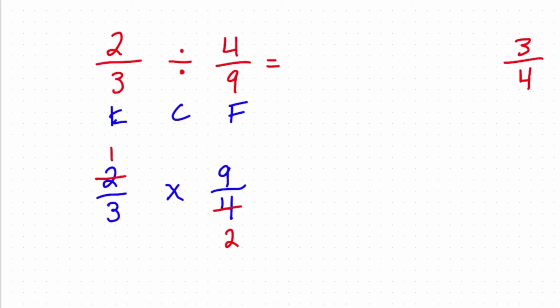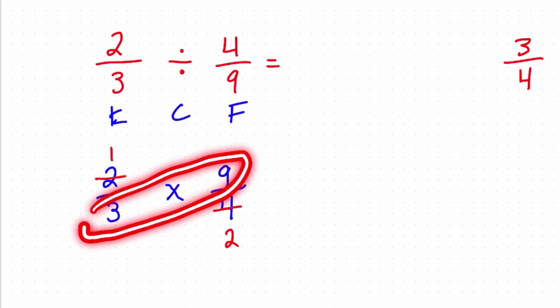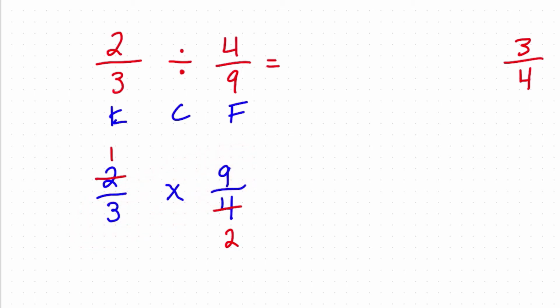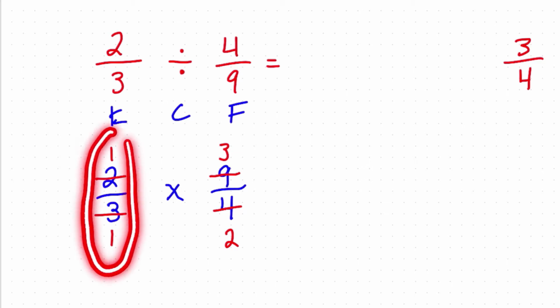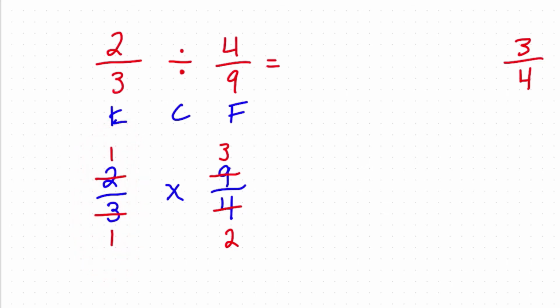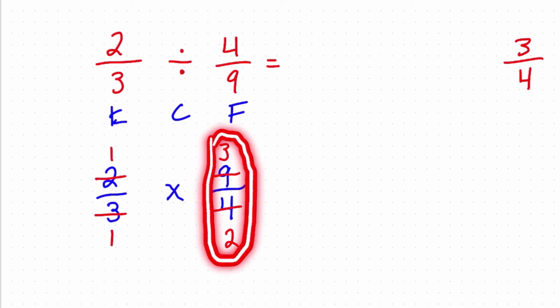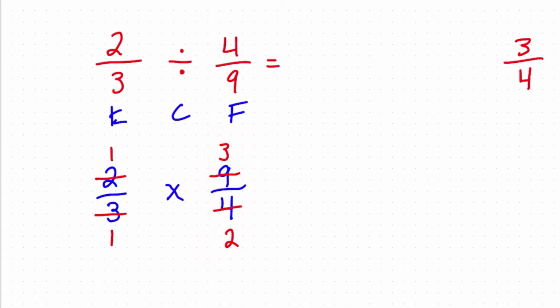Now we're going to look at this pair right here. We're still cross canceling. With 3 and 9, I can see that I can divide them both by 3. 3 divided by 3 is 1. 9 divided by 3 is 3. I'm still going to look up and down. I'm going to see if I can simplify 1/1. No, I cannot. 3/2, no, I cannot.